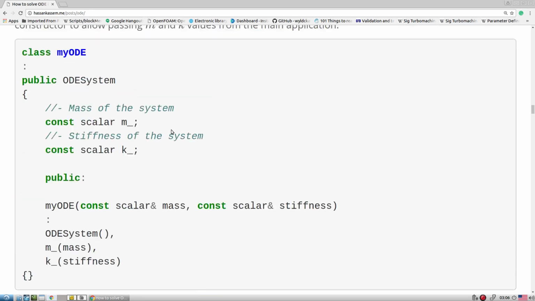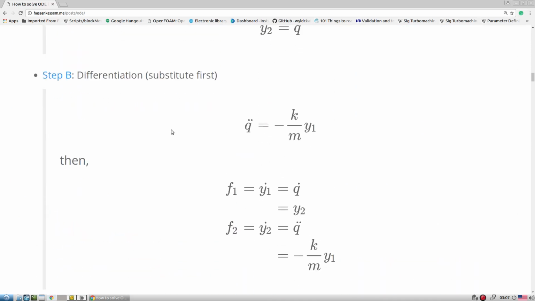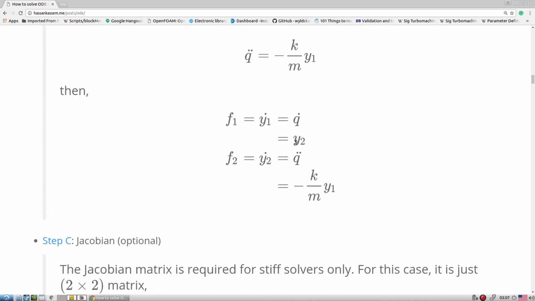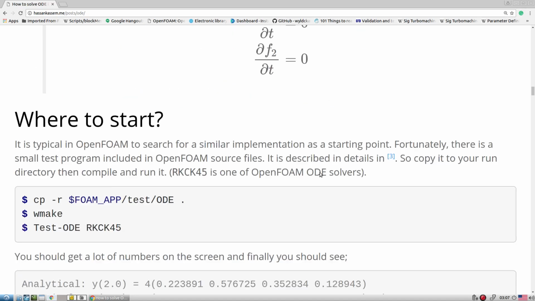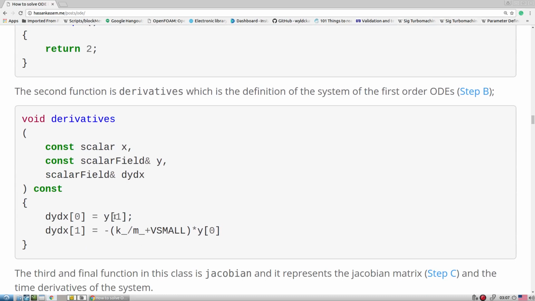Exactly the same thing we have at step B: f1 equals y2, and f2 equals minus k by m y1. Here 1 means 0 and 2 means 1, so this is y1 and y0.